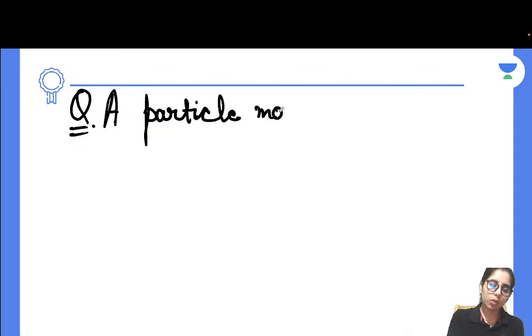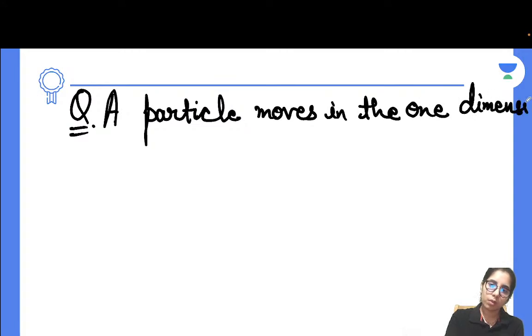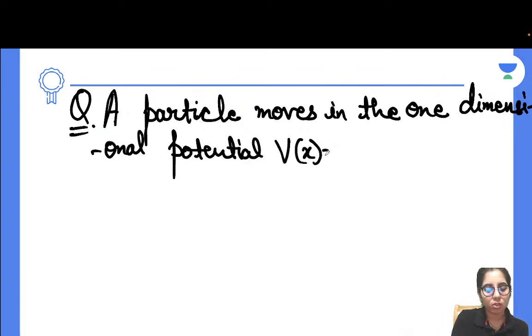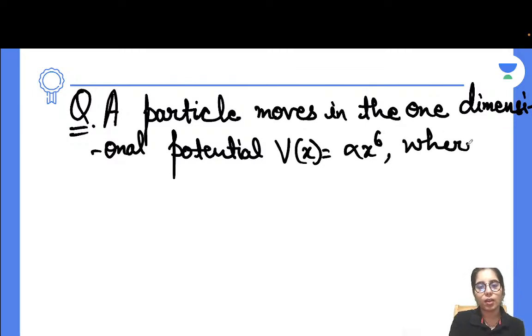A particle moves in a one-dimensional potential, which is simply V(x) equal to alpha x to the power 6, where alpha is greater than 0 and is a constant.